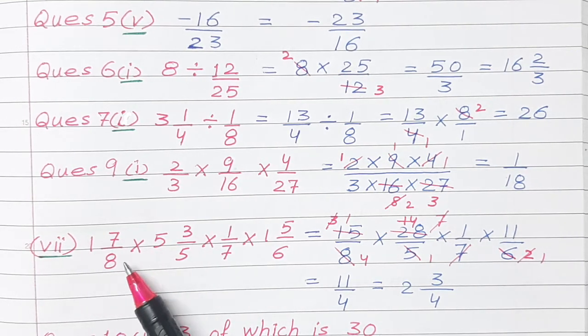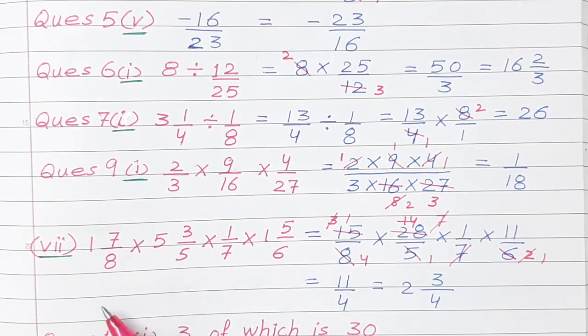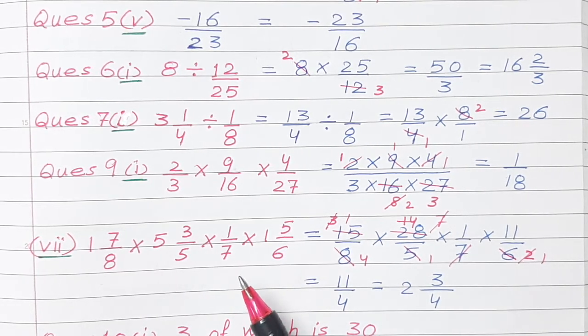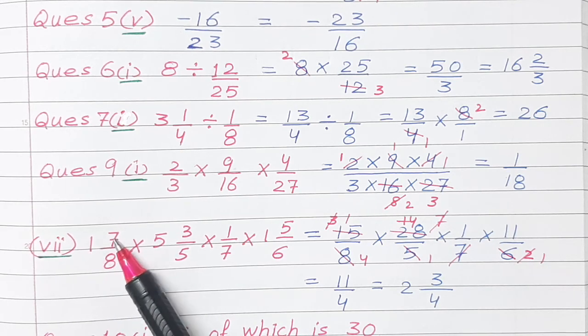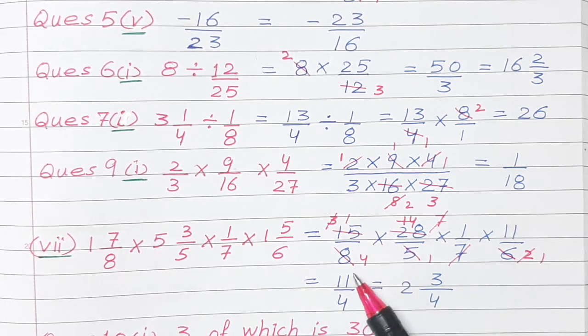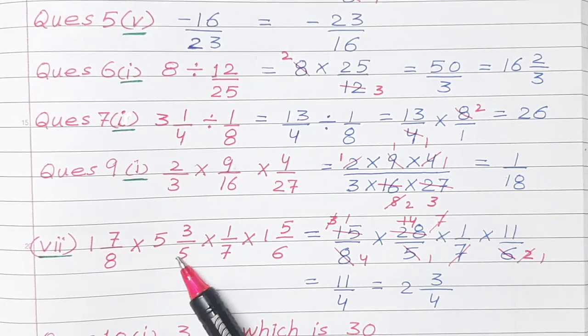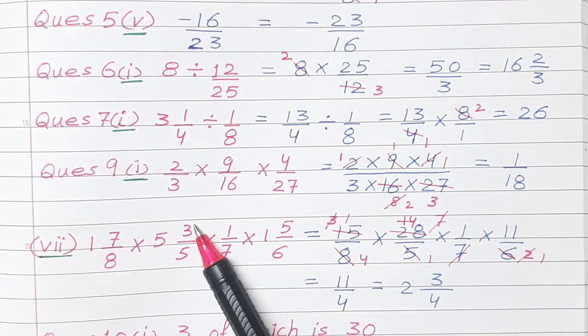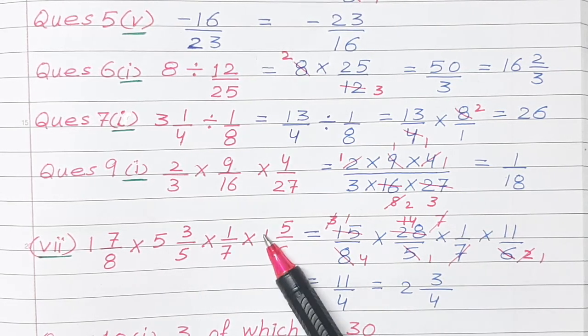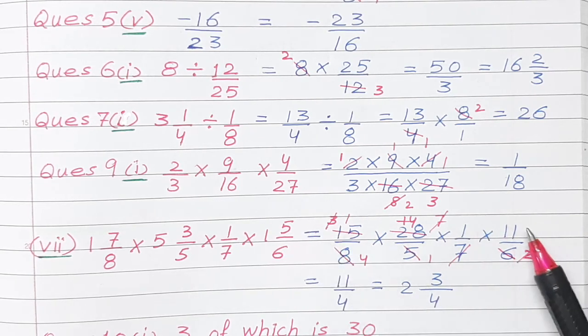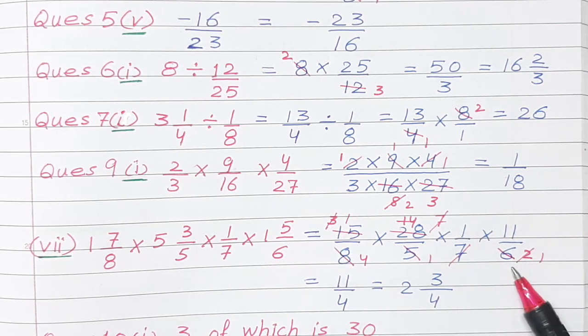Now see the seventh part of the same question. Now children, you can see the terms are in mixed fraction and there are 4 terms. So let us convert them into improper fraction, right? So 1 7 by 8 is 8 ones are 8. 8 plus 7 is 15 upon 8. 5 5s are 25 plus 3, 28 upon 5. 1 upon 7 as it is. 6 1s are 6 plus 5, 11 upon 6.